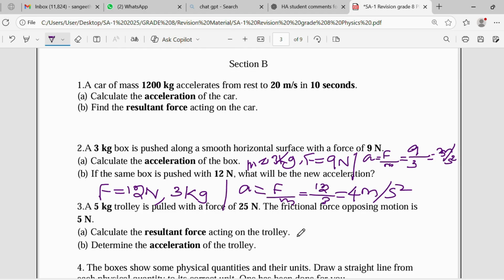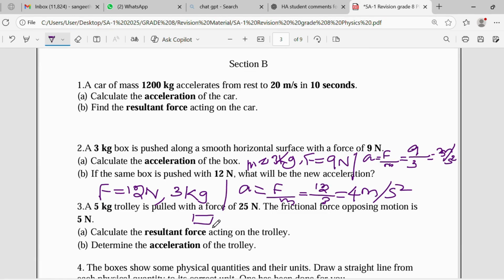Now coming to question number 3, we have a 5 kg trolley pulled with a force of 25 Newton. The frictional force opposing motion is 5 Newton. Calculate the resultant force acting on the trolley. So here, just imagine, I'll draw a diagram.